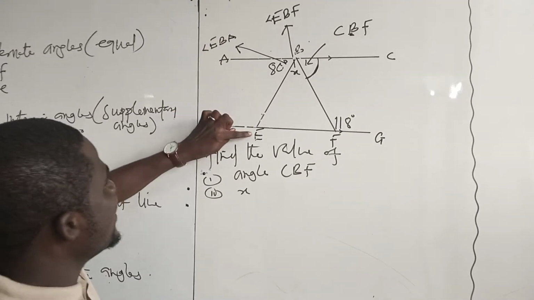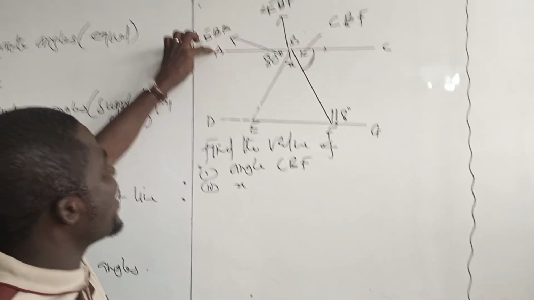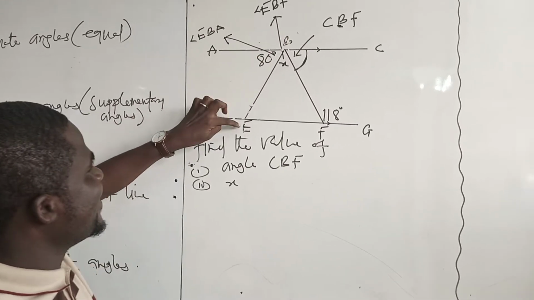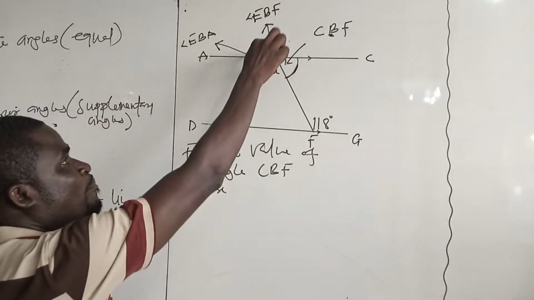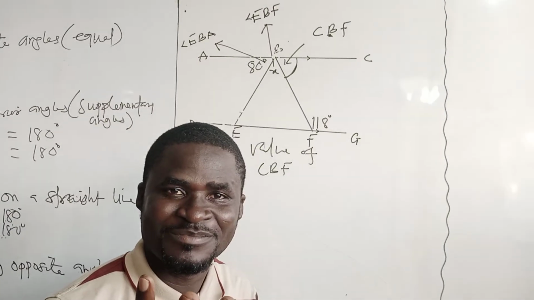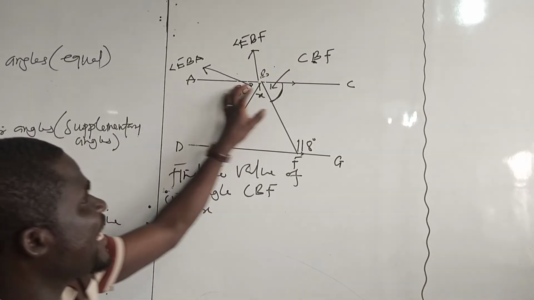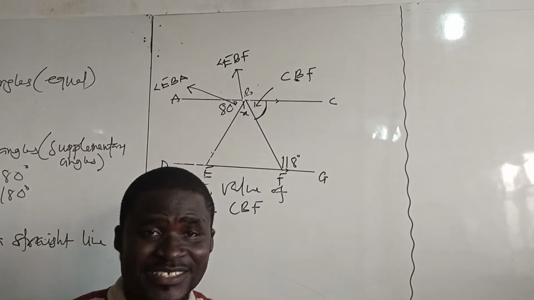So either EBA or ABE. Good. How we are getting the angles? How to create the angles?